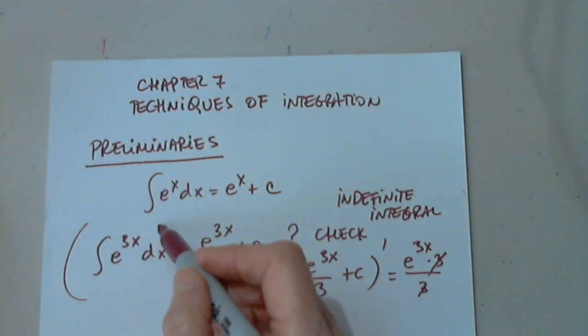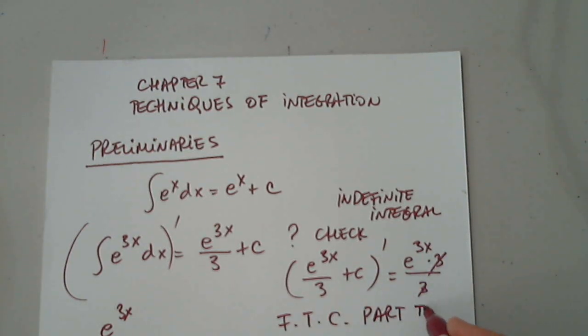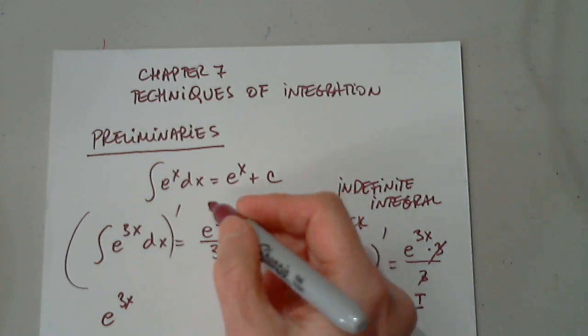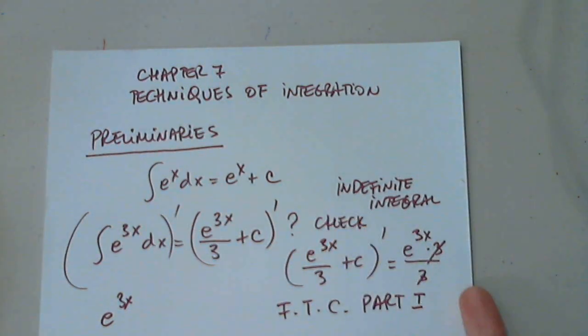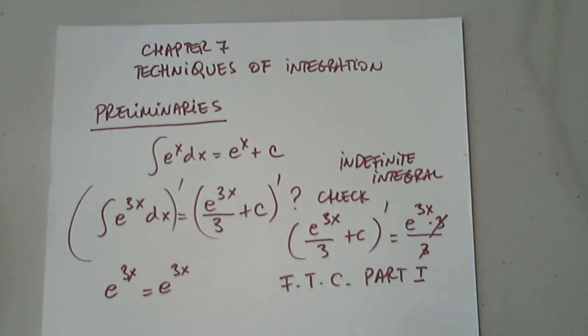When I differentiate an integral, I get the function, as we know from Fundamental Theorem of Calculus Part 1 from Calc 1. And when I differentiate the other side, we already showed that this is indeed e to the 3x. Okay, so that's one thing I wanted to discuss.